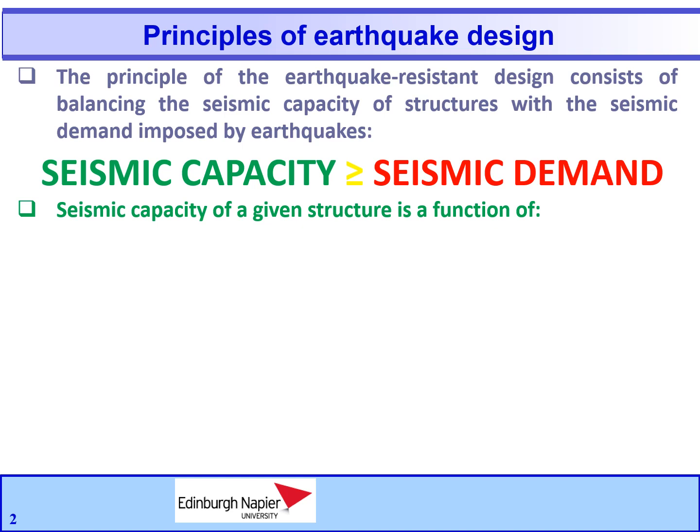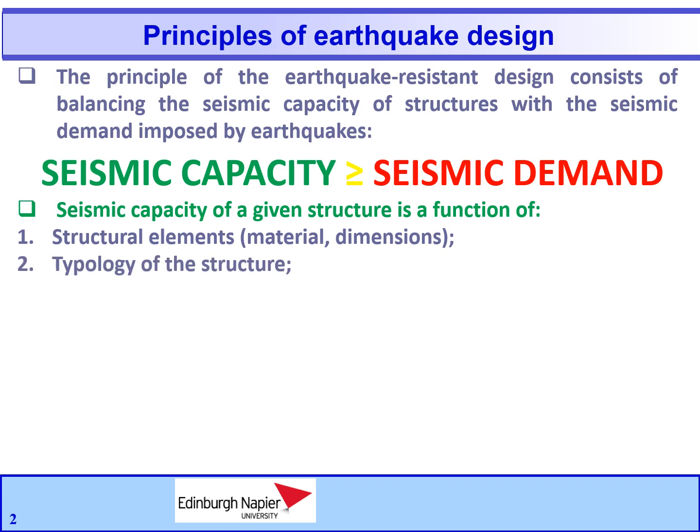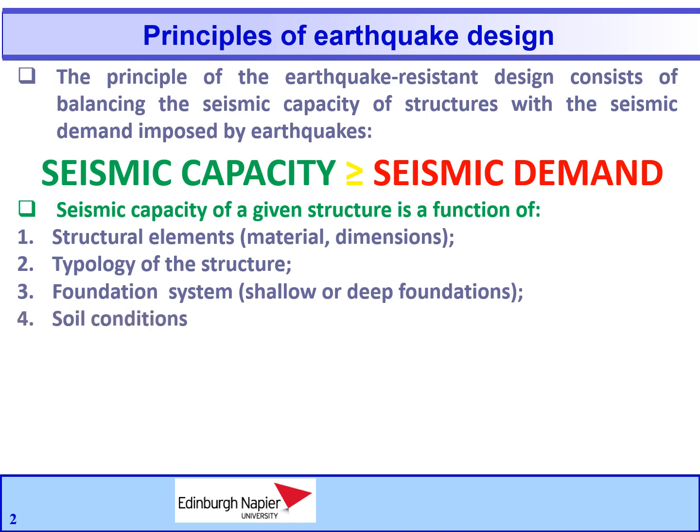Seismic capacity of a given structure is a function of its structural elements, so it depends on the material and dimensions, the typology of the structure, the foundation system, whether we are talking, for example, about shallow or deep foundations, and the soil conditions.